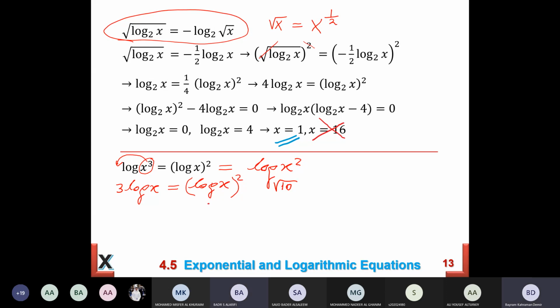We just need to ask ourselves, am I following any property? If you say no, that means basically we cannot do that.